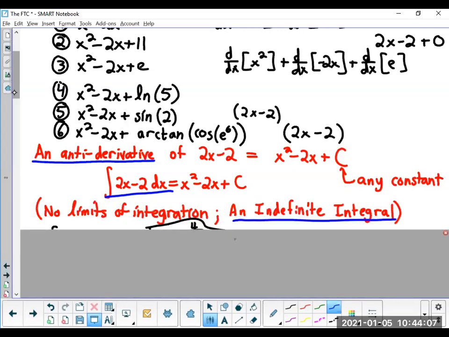Now, we talked about this briefly again. Let me reiterate it. This is an indefinite integral because there are no defined limits of integration. So if you think about every single one of the integrals we've evaluated, they've said start at this x value, end at this x value.